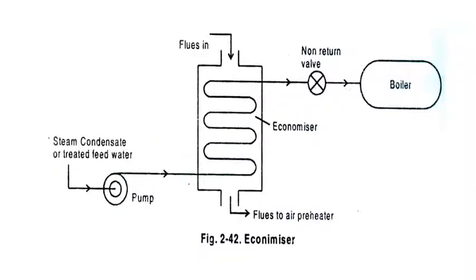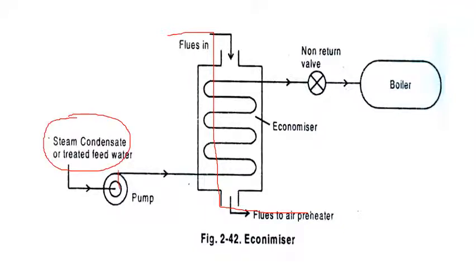So in this diagram, you can see the flue gas going in this path, and after the economizer, it is going to the air preheater. In the economizer, this is the flue gas circuit, and this is the water circuit.